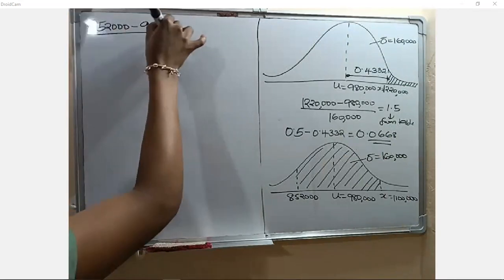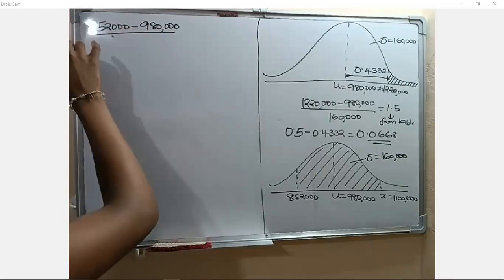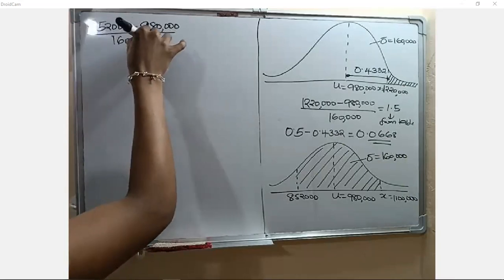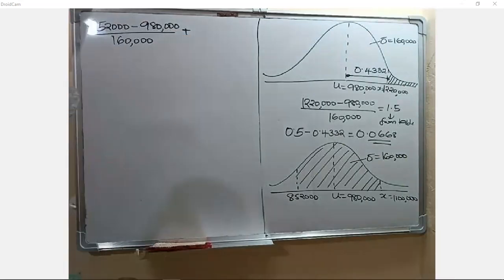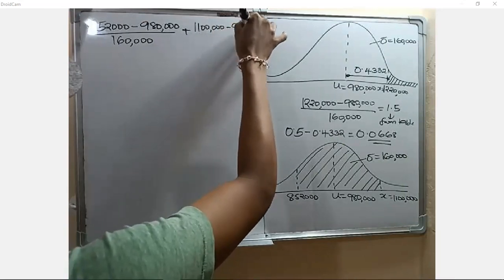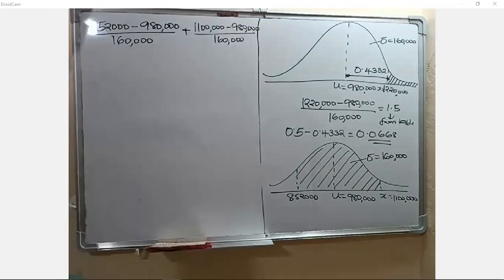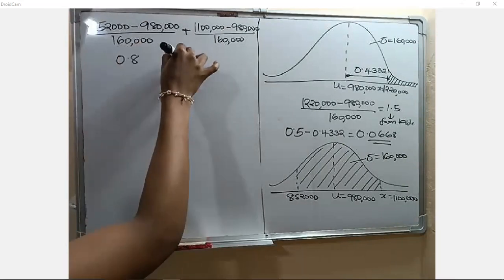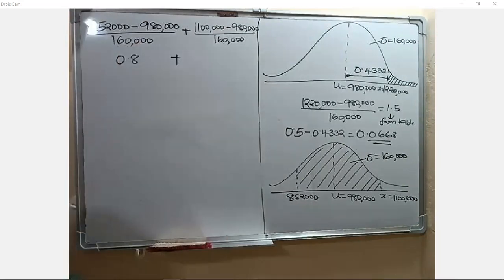We divide by our standard deviation, 160,000, plus the other one, 1100,000 minus 980,000, divided by the standard deviation, 160,000. So 852 minus 980 divided by 160, I'm getting 0.8, plus the other one, 1100 minus 980, divided by 160, getting 0.75.